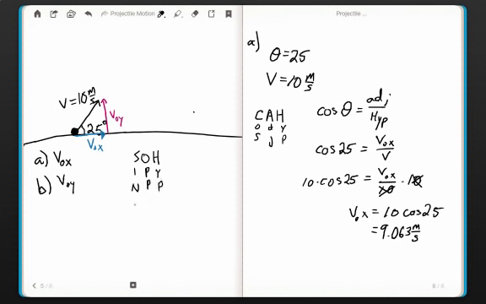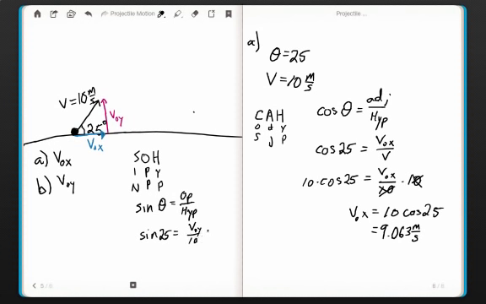So I'm going to set up my equation like this. Sine of theta is equal to opposite over the hypotenuse. If we put in our data, we have sine of 25 is equal to the opposite, which is v initial y, over 10.